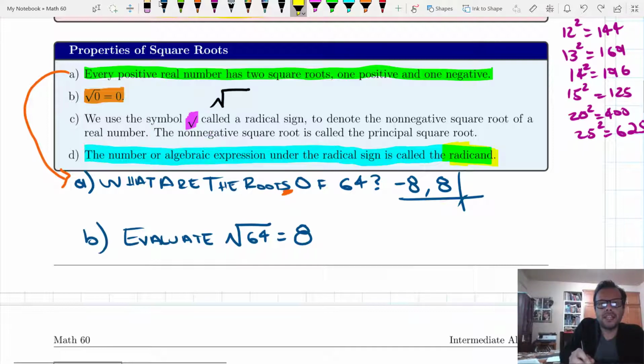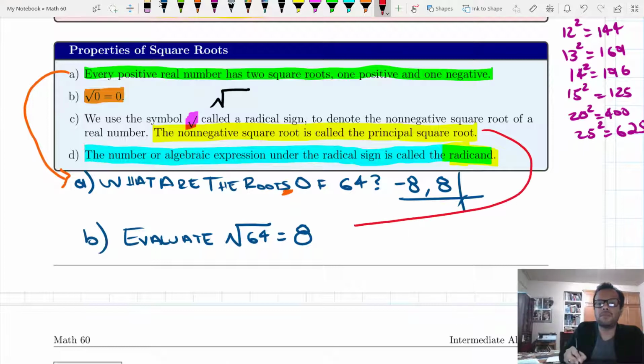The non-negative square root is called the principal square root. In this case, they're asking us for what we call the principal square root.